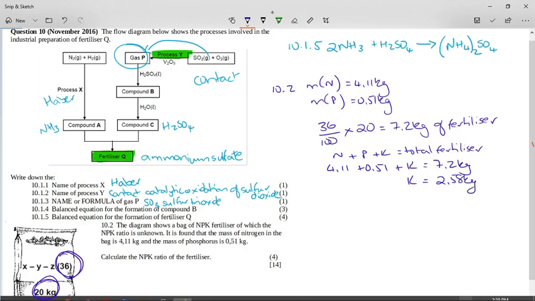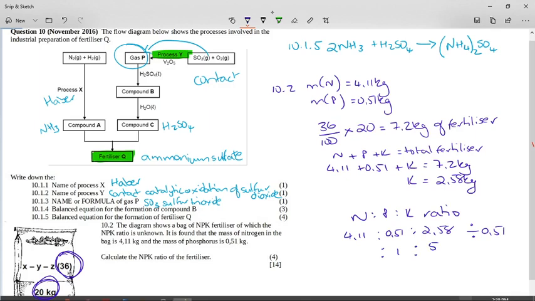Okay, so now we want the NPK ratio. So the N was 4,11, the P was 0,51 and the K was 2,58. So we're going to divide by the smallest, which is 0,51. So 0,51 divided by 0,51 automatically becomes 1.